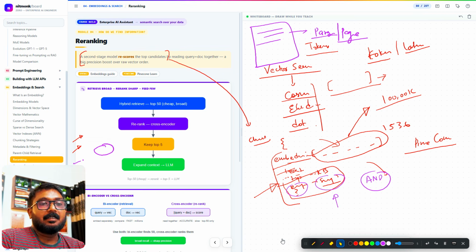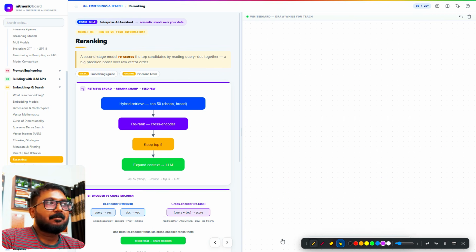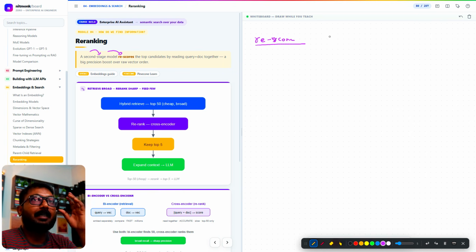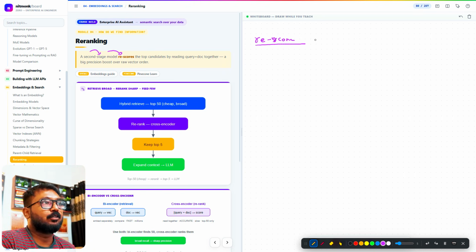There is re-ranking. That is really important. Re-ranking says that a second-stage model rescores. Many people ask why it's called re-ranking. It is because first we have already done the search in the vector database. Then again we try to do a kind of similarity check, whether the output given by the vector database similarity search is closer to the question asked by the user or not.